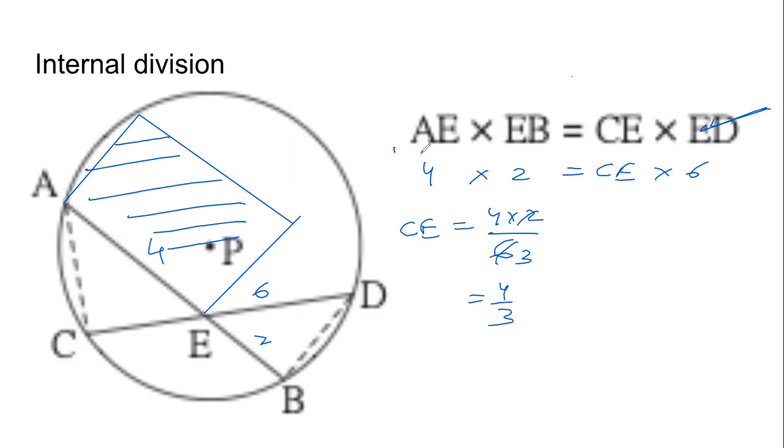So when we do AE into EB, we are actually calculating the area of the rectangle. Another way to say the same thing is that the area of the rectangle formed by the chords will be the same. Good to know. Not necessary, but good to know.